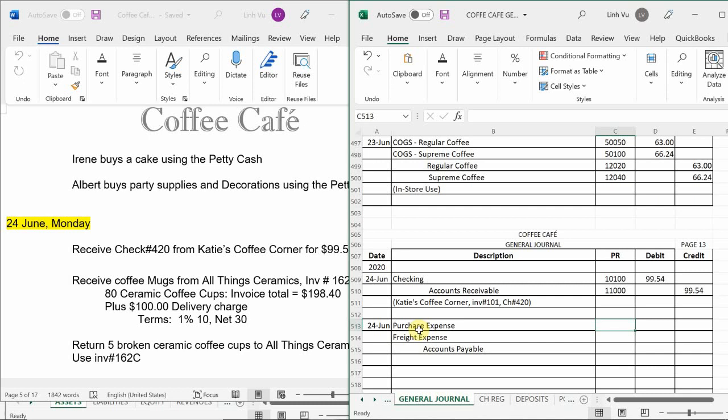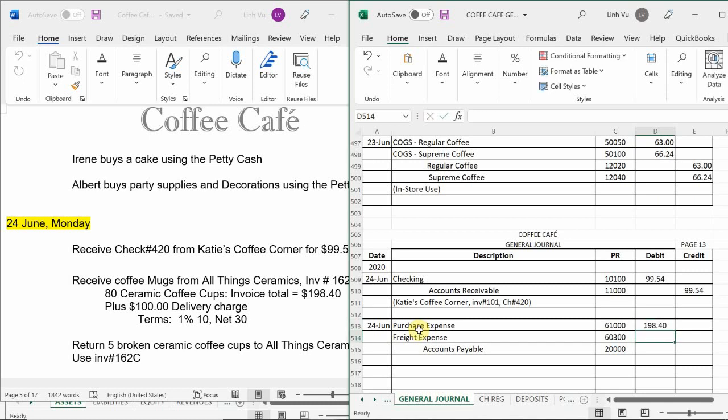So purchase expense, accounts payable. Freight. Accounts payable. So how much is the purchase expense? $198.40.